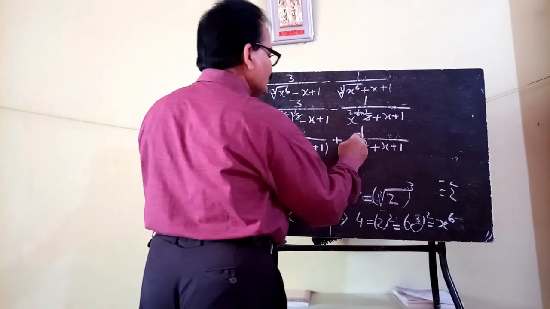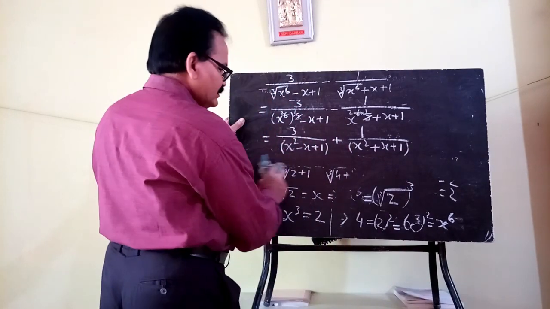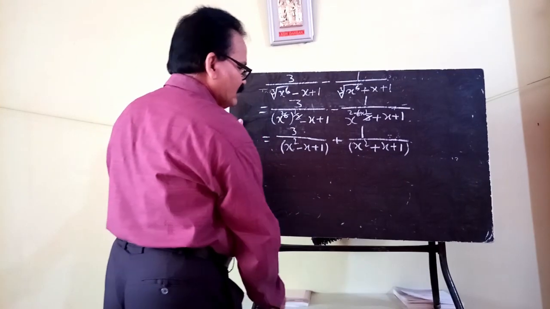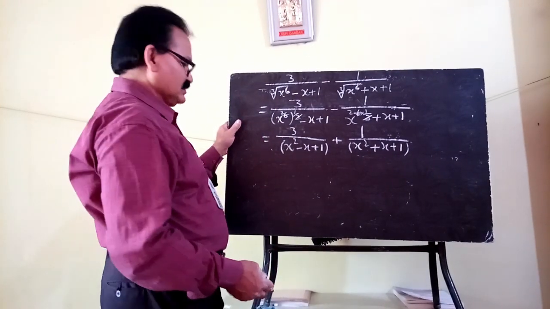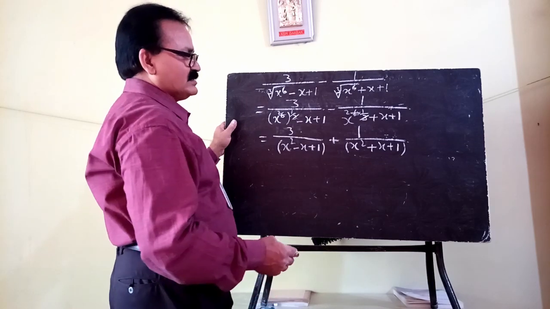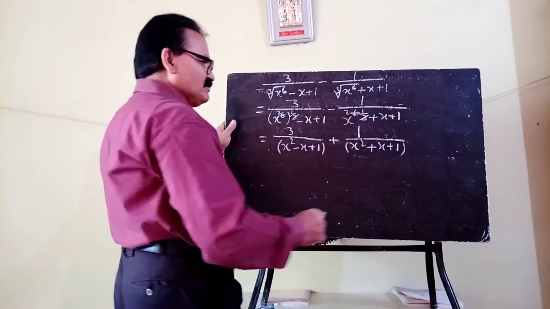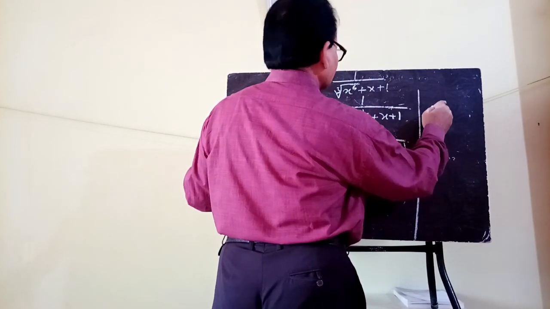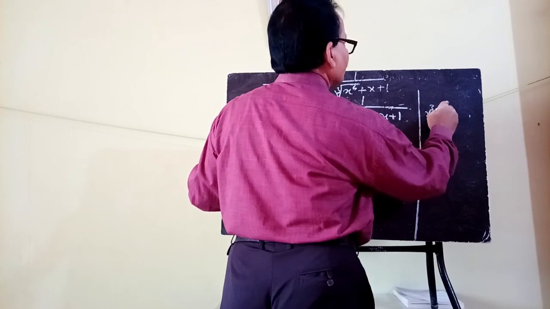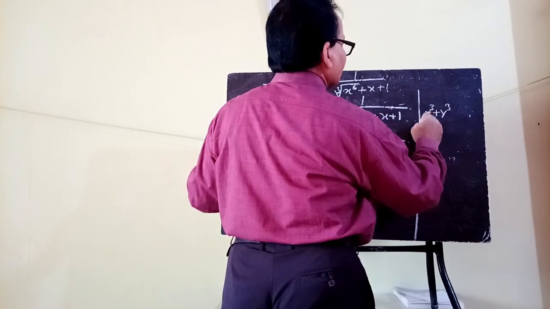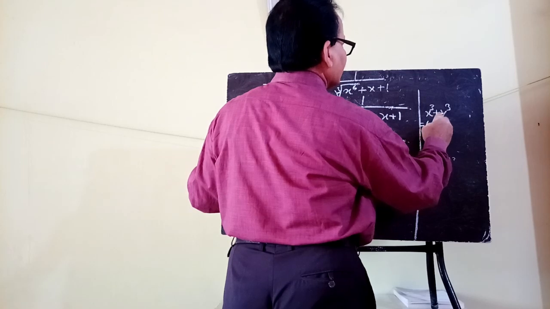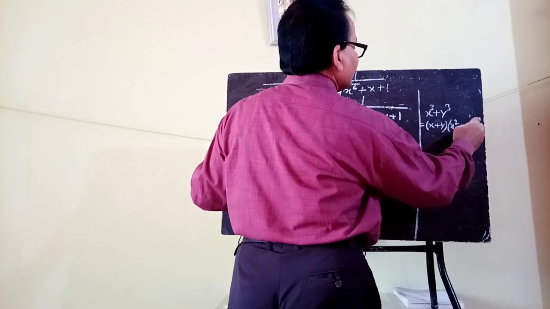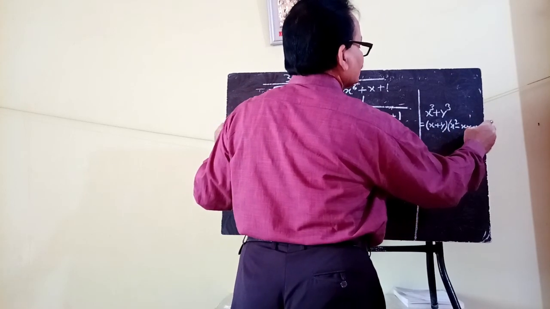Now you have to remember the factorization formula of algebra that you have already studied in class. The formula is x cube plus y cube can be factorized as x plus y into x square minus xy plus y square.